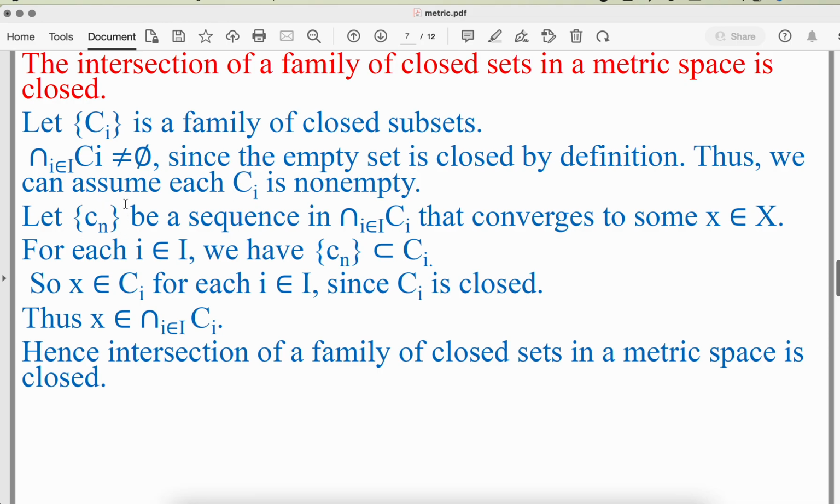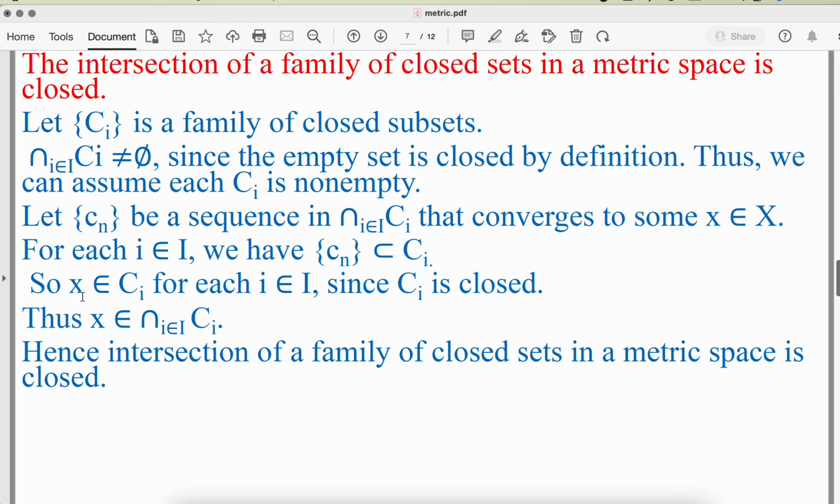Let C_n be a sequence in the intersection of C_i where i belongs to I, and this sequence converges to some x belonging to X. For each i belonging to I, we have the sequence C_n is contained in some C_i.